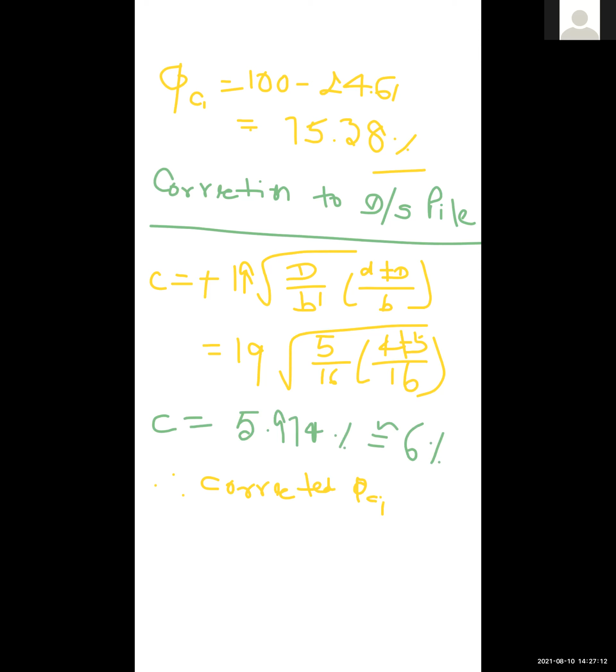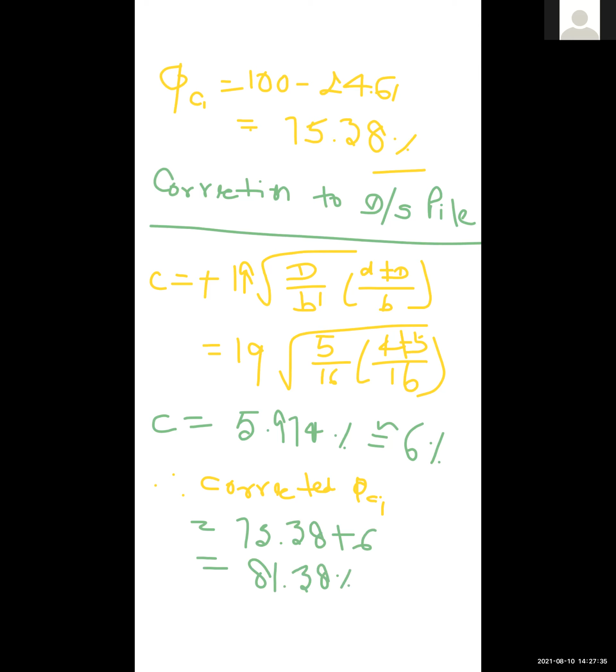Then corrected phi C1 equal to 75.38 plus 6, and this value is equal to 81.38%.